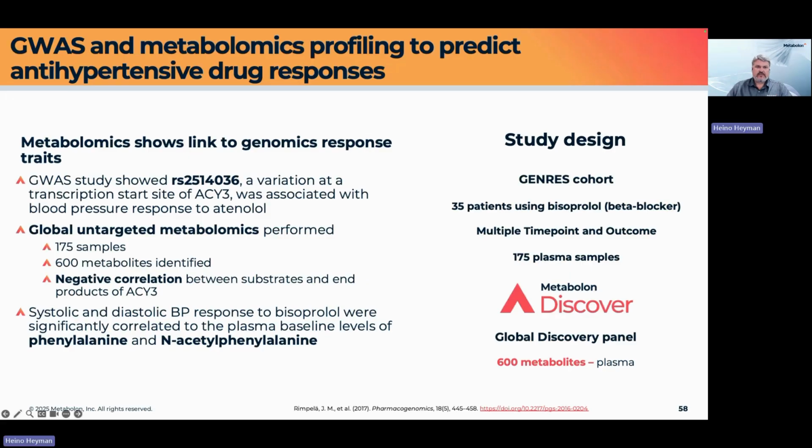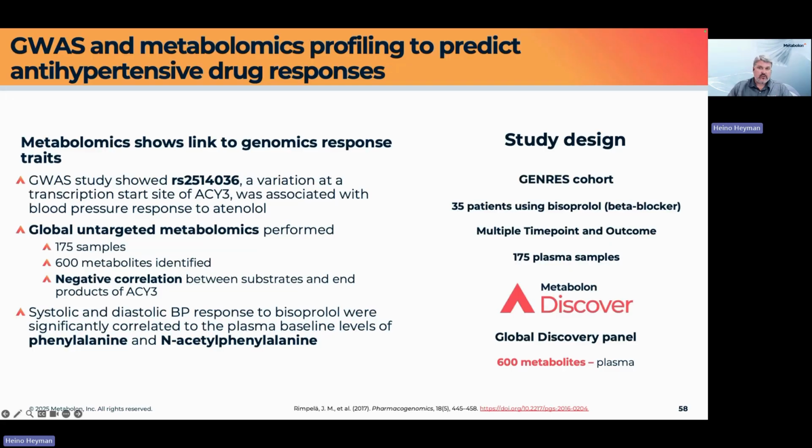Looking specifically at metabolomics data, the global metabolomics analysis that followed was performed specifically on 35 subjects from the live cohort. And from these 35 individuals, 175 plasma samples were provided.